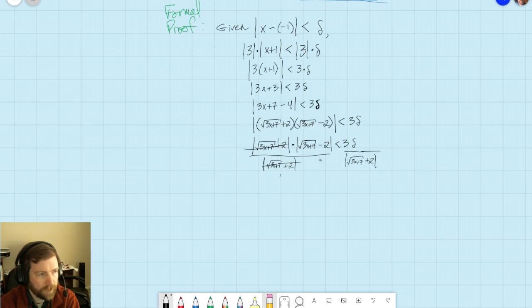Divide it off over here, you just get ones. And then over here, this is going to create the square root of 3x plus 7 minus 2 is less than 3 times delta over the absolute value of the square root of 3x plus 7 plus 2.